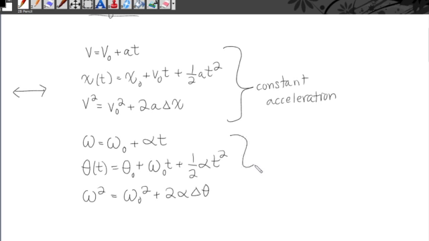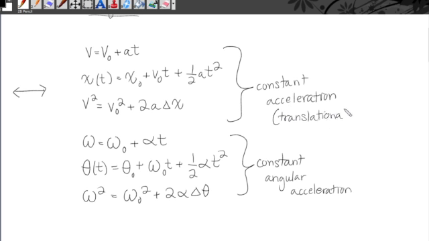And just like the translational equivalent, this one also works only if there's a constant angular acceleration. So from here onwards, if I say acceleration without any angular in front, it's implied that it's translational. In other words, it's linear, but we typically use translational.